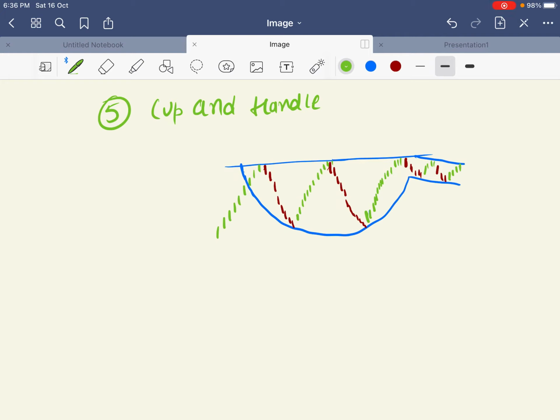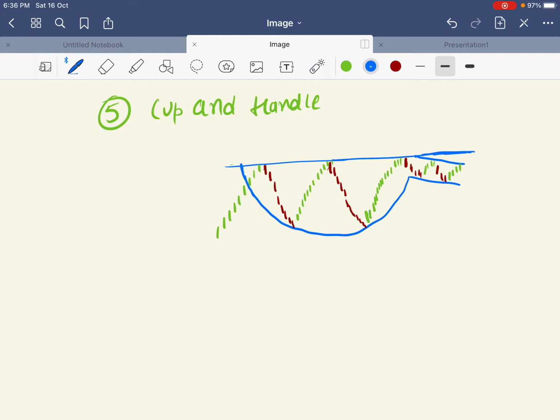So as you can see, this is a cup and handle pattern. You have to identify this pattern in your trend or in your trade, and then you have to take entry after the breakout. So you have to wait at least for the breakout of this resistance level.